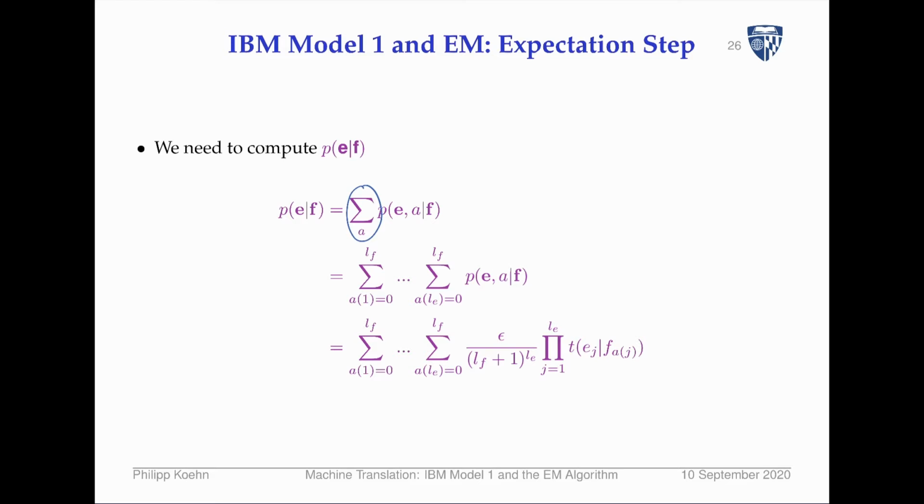What that means in practice is that each word might be aligned to anything else. So we're going to figure out what word one is aligned to, and it can be the null token all the way to the length of the foreign sentence, and then we go through this with everything else. This should scare you a little bit because we have a number of sums, so this is exponential in the length of the English sentence.